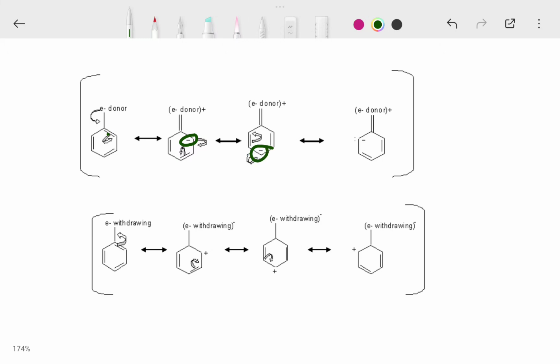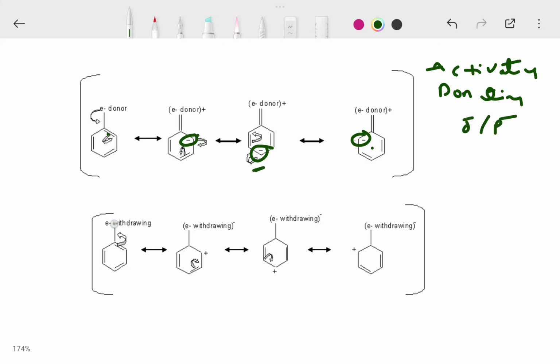If electron releasing groups are present on the benzene ring, they increase the electron density at ortho and para positions. That's why the entering electrophile attacks at ortho and para positions. Means electron donating groups or activating groups are ortho and para directing groups.